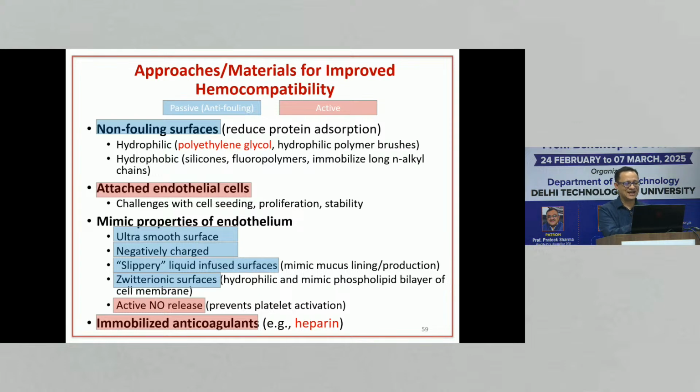This type of cell seeding, you need to order it the day of surgery, it needs to arrive, and then you need to put it in. It's going to be very expensive and much more complicated to work with, right? So this is a challenge with that type of application.